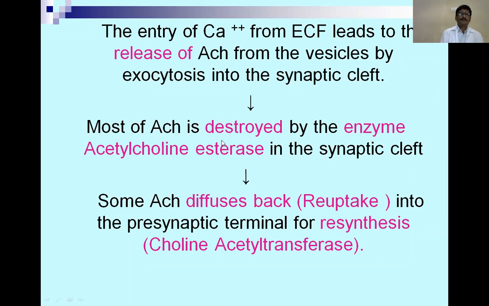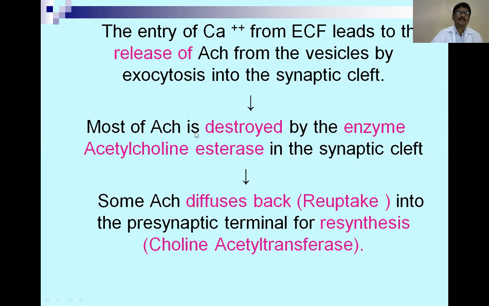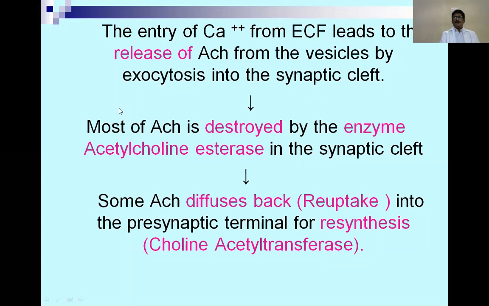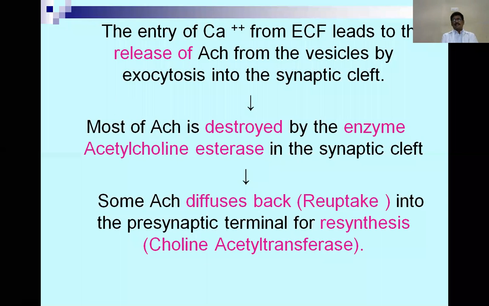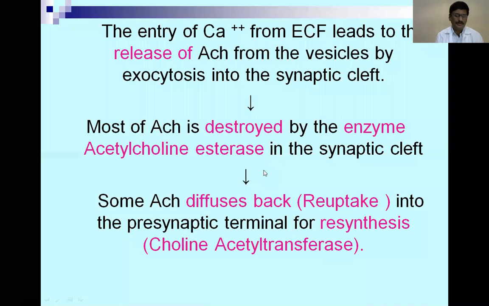Most of the ACh released will be destroyed in that area by an enzyme called acetylcholine esterase, which allows acetylcholine to act only a few milliseconds, not more than that. Soon it will be cleaved into choline and acetate.